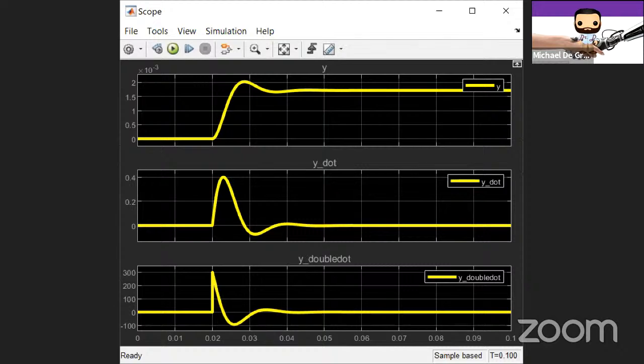The top graph is my positional change. The middle is velocity. The bottom is acceleration. Once again, the position is the same plot that we've been getting out the other two times that we did this model, right? By design, because we're trying to make sure that we're doing this correct.